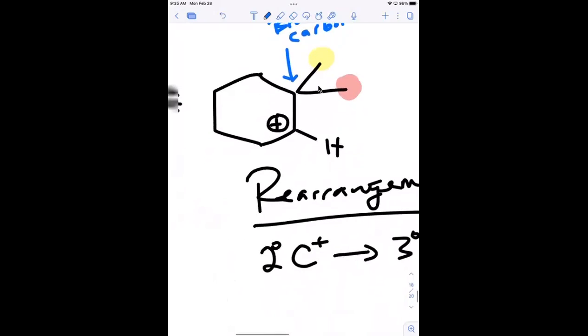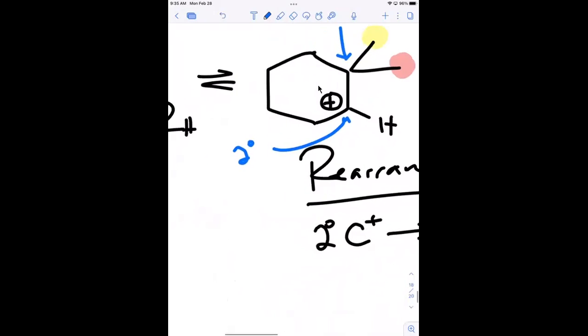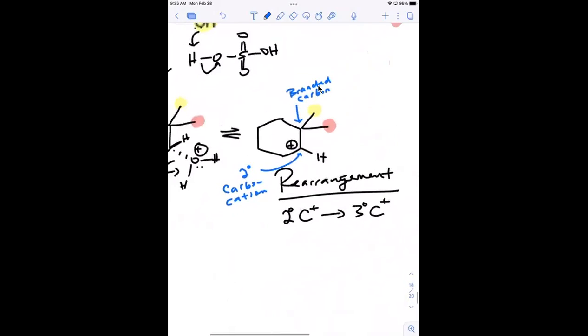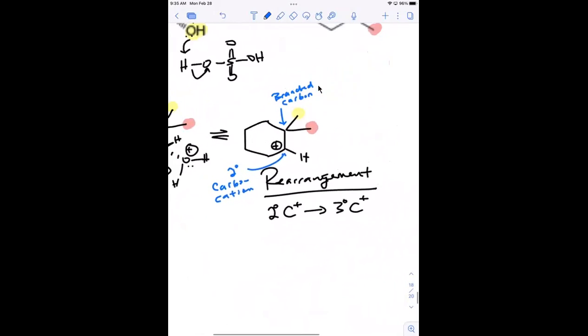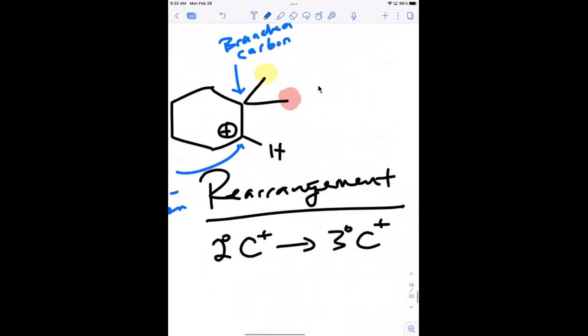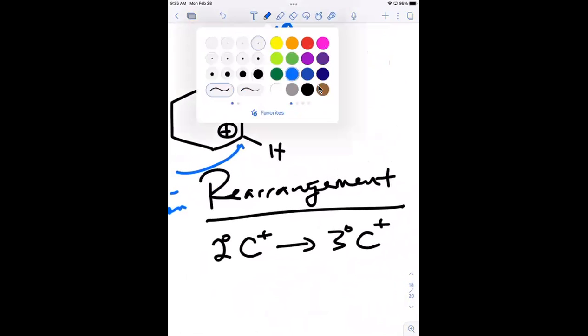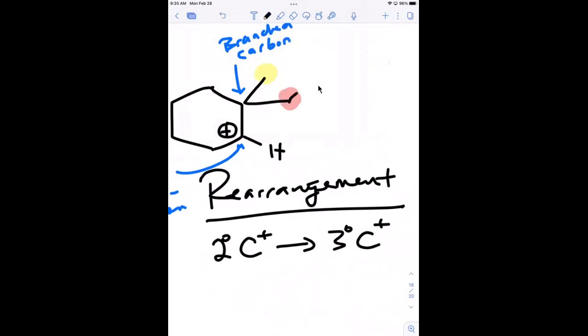So you've got a branched carbon there. You've got a secondary carbocation here. It's a perfect recipe for rearrangement. So what I'm going to do is take this whole methyl group. This is a CH3, by the way. So I'm going to take the whole thing and move it with the electrons.